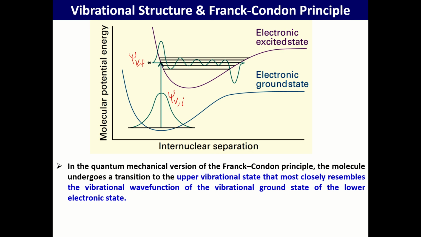Looking at the vibrational wave function, what do you think? So when you write this, for excitation you have the dipole moment operator, the transition dipole will be given by this psi, something like mu operator.